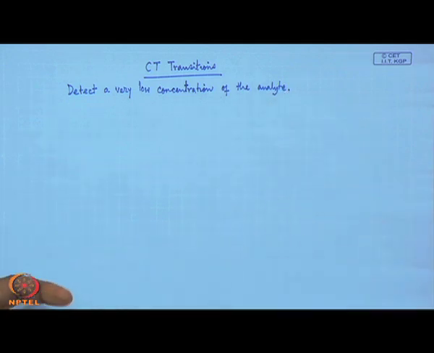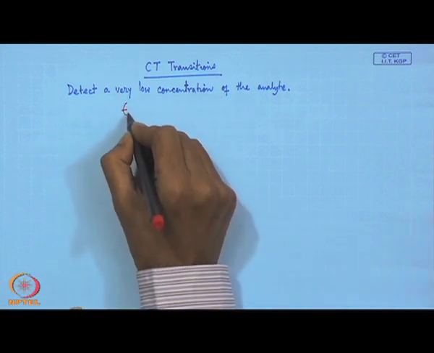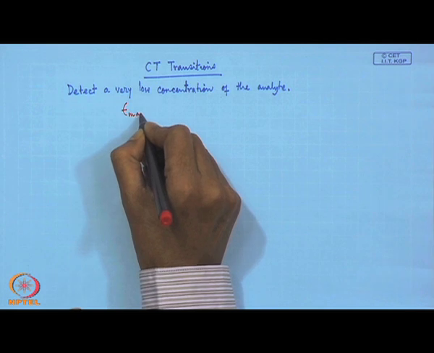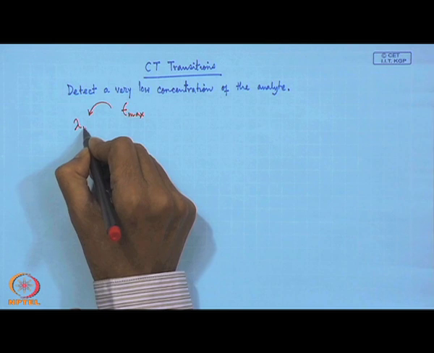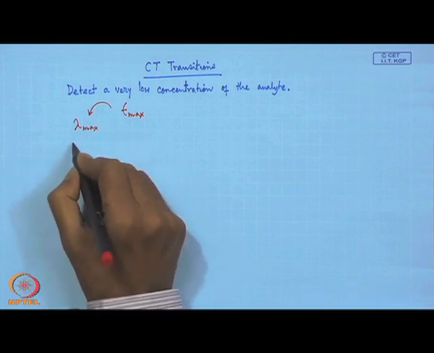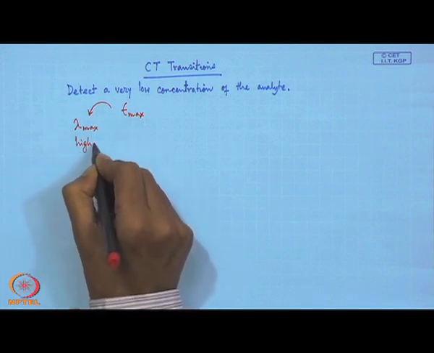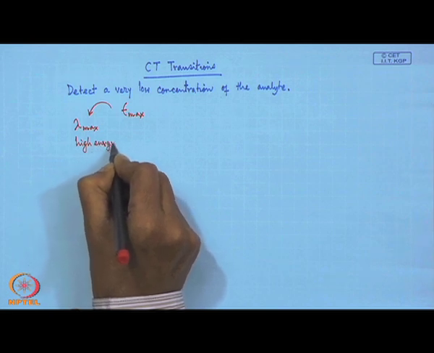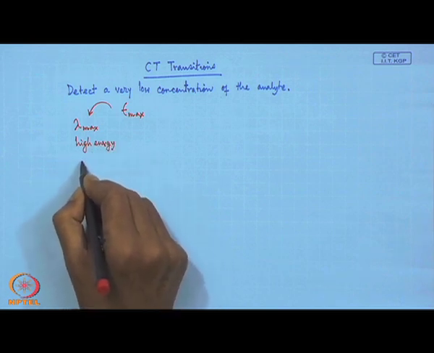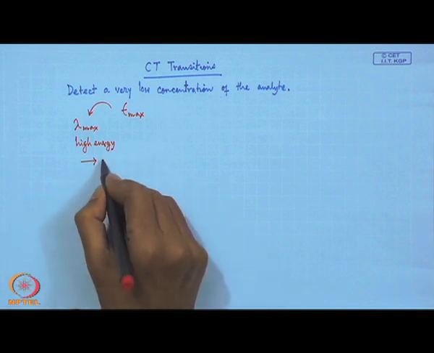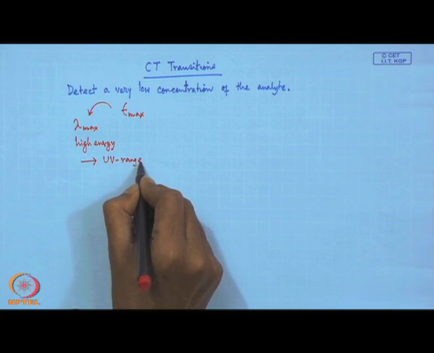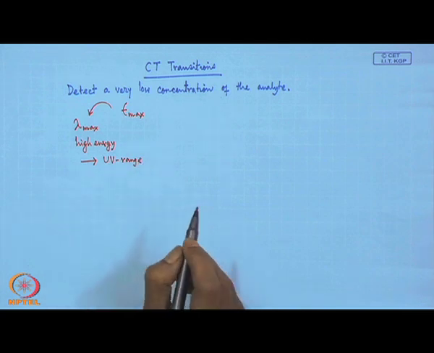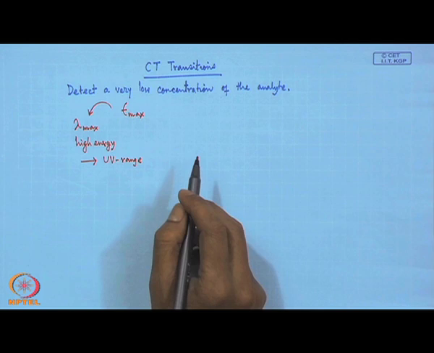Why is this so? Because of this epsilon max, which is very important, and the corresponding lambda max is in the high energy region, approaching close to the UV range, because the energy gap for this transition is high.